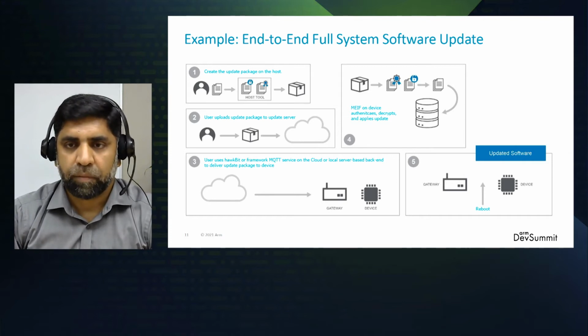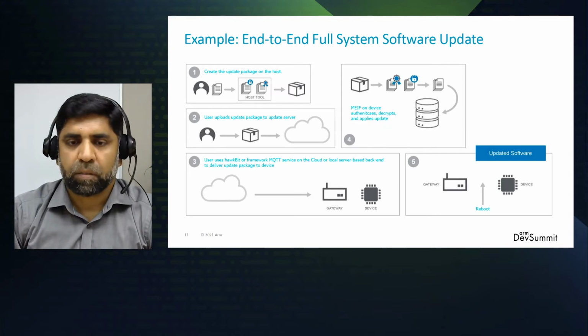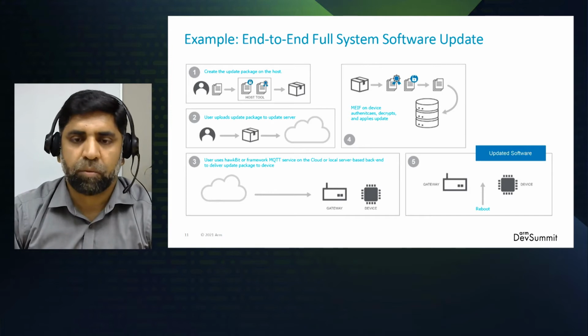The firmware update, or system software update, is one of the key promises of IoT, and it is one of the complex features to implement. It is a pretty involved process. The cloud connectivity is one piece that enables the remote interaction.